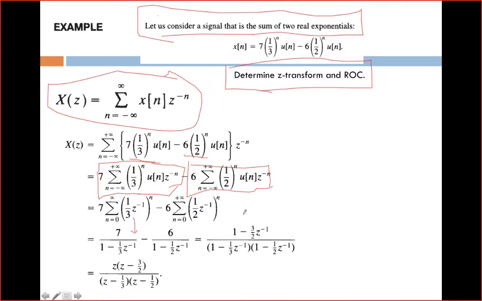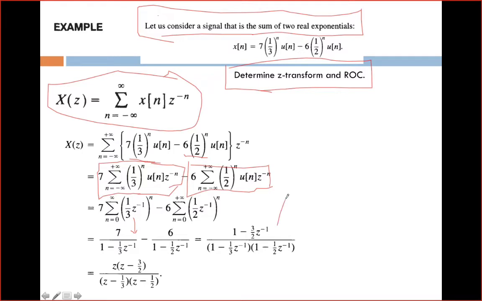Now I have to combine them by taking the common denominator. I multiply the denominators and combine the numerators, and I get 1 minus 3/2 z^-1 divided by (1 minus 1/3 z^-1) into (1 minus 1/2 z^-1).